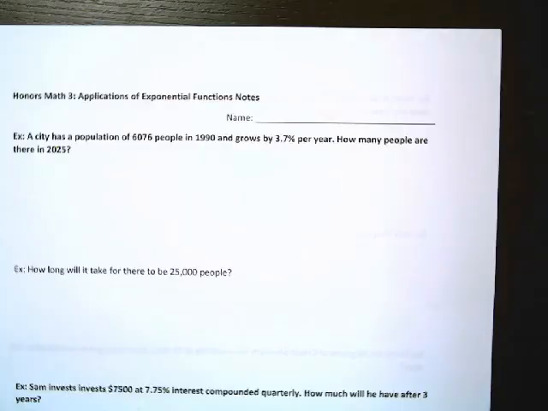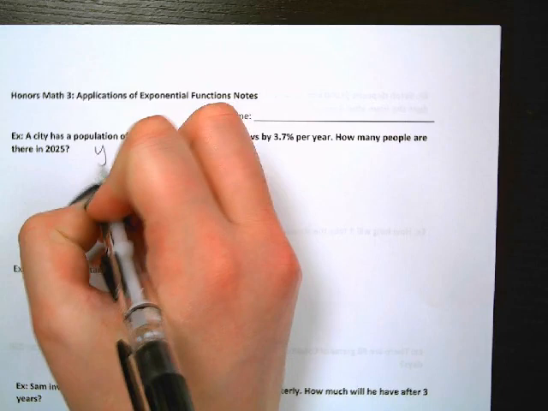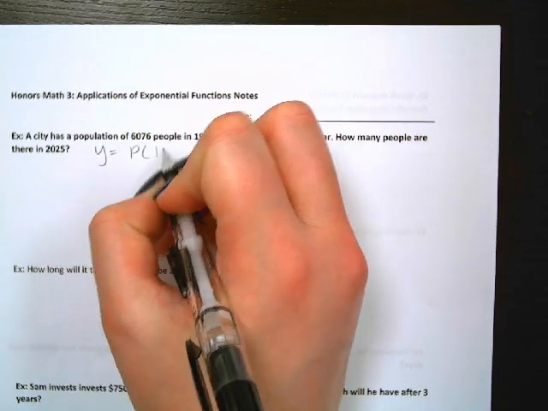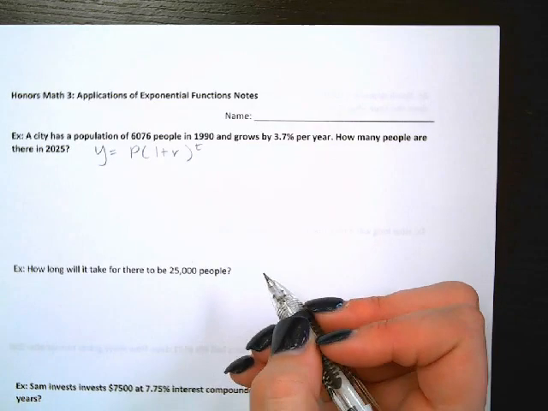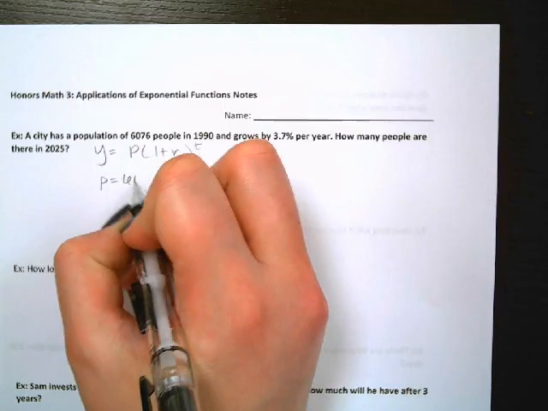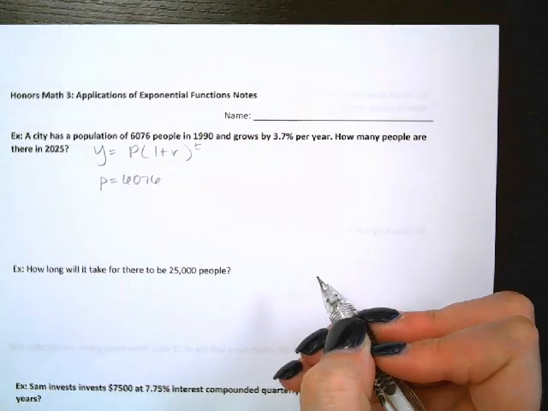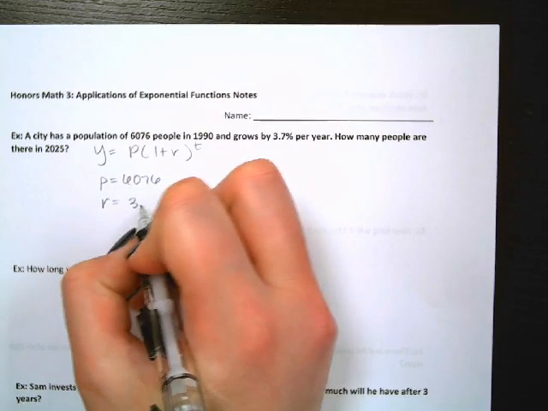So I'm going to go ahead and write that formula on my paper. I have y equals p, 1 plus r to the t. So they say that you start with 6,076 people, so that's your initial value. They say that your rate of growth is 3.7% per year.